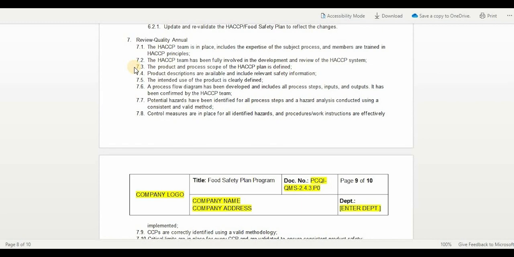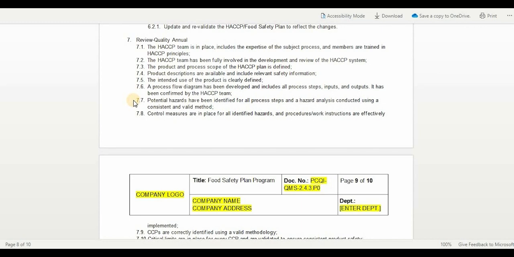The product and process scope of the HACCP plan is defined. Product descriptions are available and include relevant safety information. The intended use of the product is clearly defined. A process flow diagram has been developed and includes all process steps, inputs, and outputs. It has been confirmed by the HACCP team.